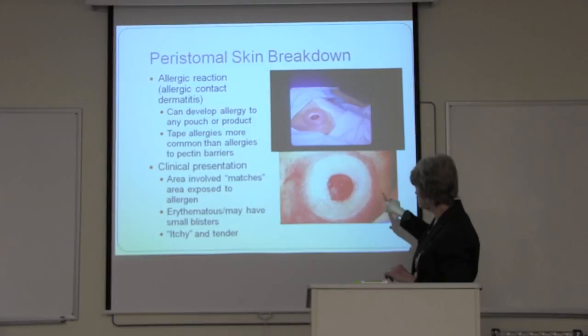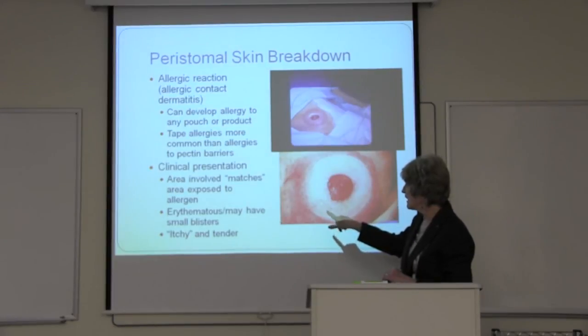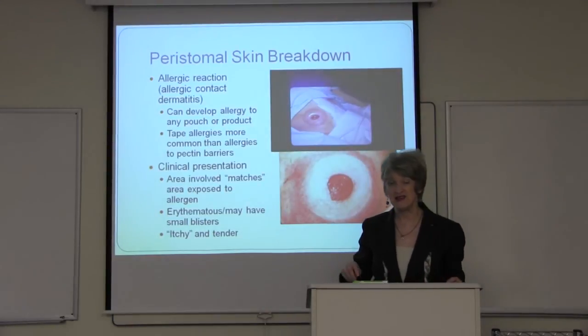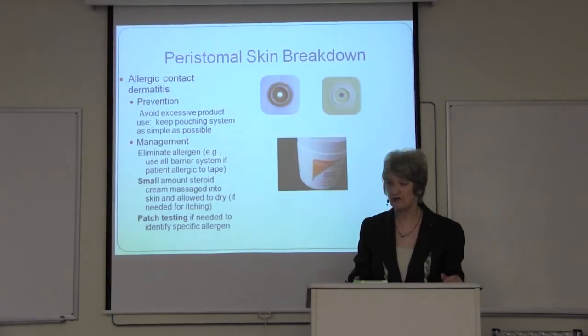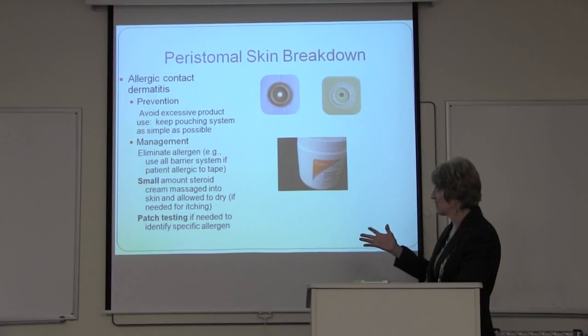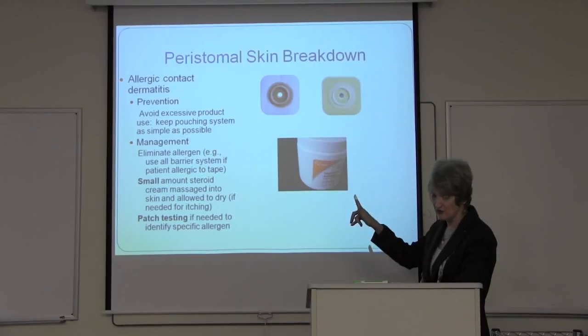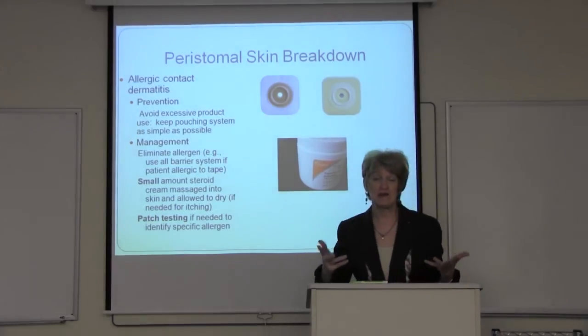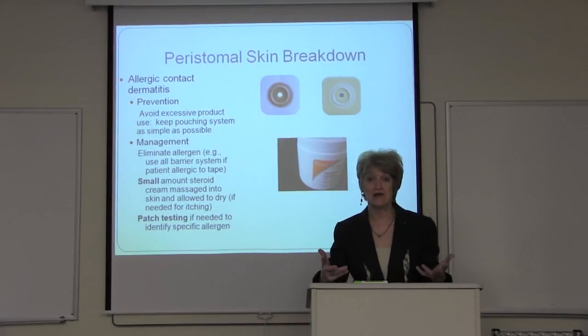The characteristics, you'll have erythema, you might have small blisters, and most of the time the patient describes it as being itchy and tender. Not surprisingly, the critical aspect of management is to figure out what's the allergen and remove it. So if they're reacting to tape, I have a patient right now who's reacting to tape.